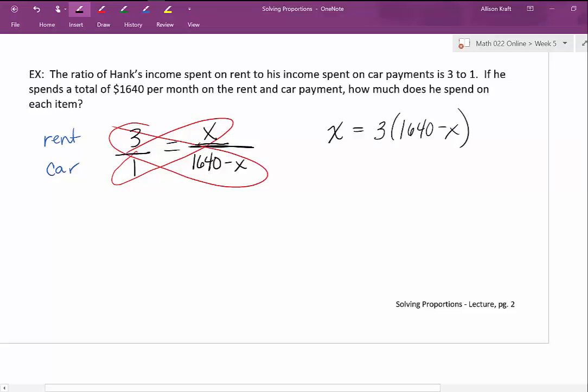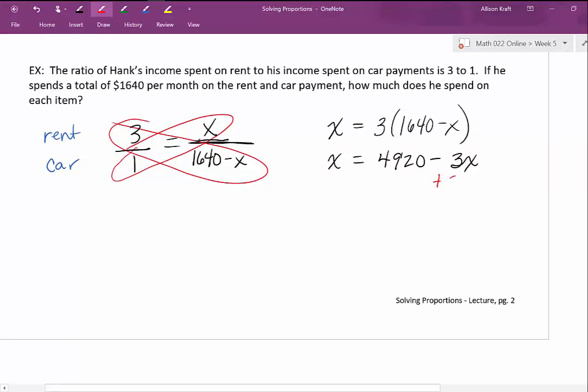And now we solve. I'll start by distributing 3 times 1,640 is 4,920 minus 3x. All my constant terms are collected on the right, which means my variables need to move to the left.